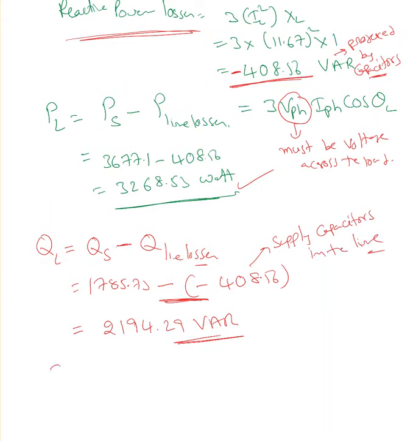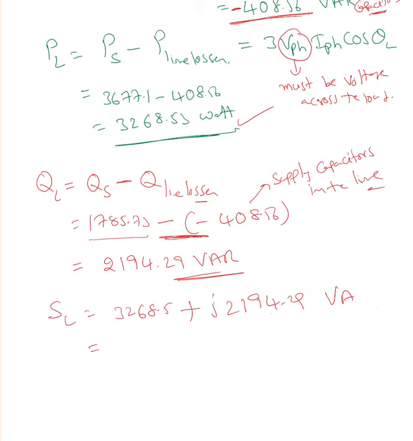Capacitors in the line. So S load must be 3268.53 plus j 2194.29. Out of this, 1785 is coming from the source and 408 is coming from the line, so the total is 2194.